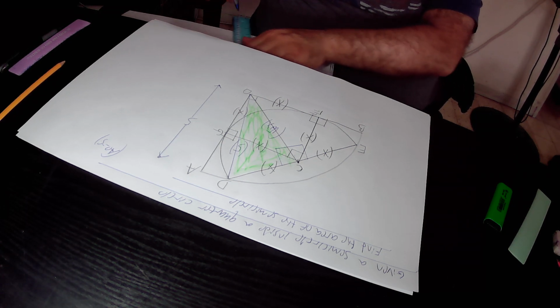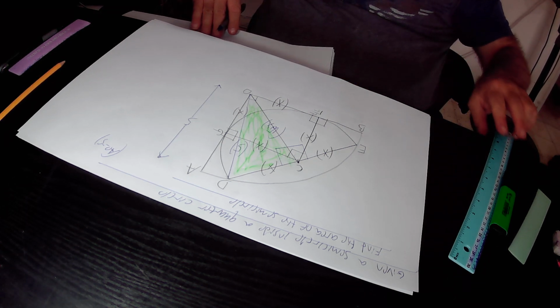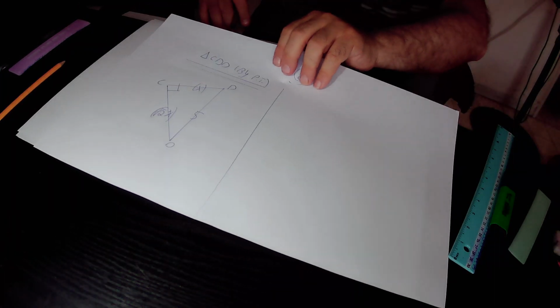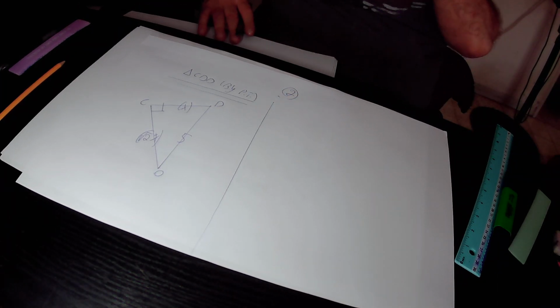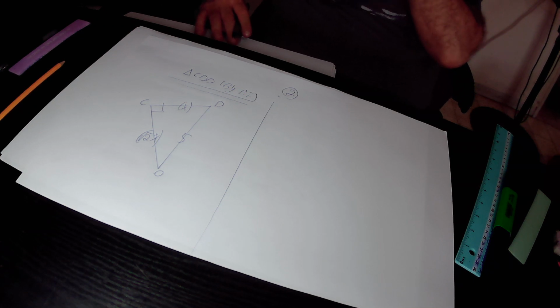So actually, this is the right green triangle CDO that I copied from the original drawing.